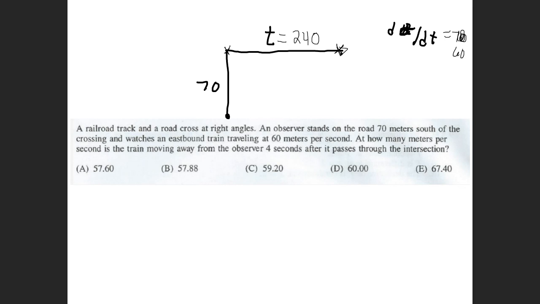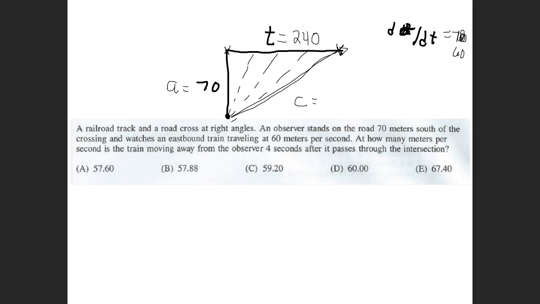This gentleman is watching this train. It was there, it was here, then it was here, but 4 seconds later, it is here. And we want to know how fast it's moving away from this guy. So let's call this A, and let's call this C. I know dT/dt, which is kind of goofy, is 60.